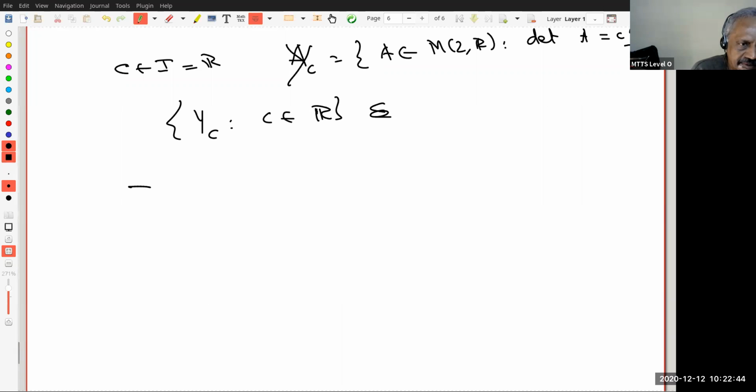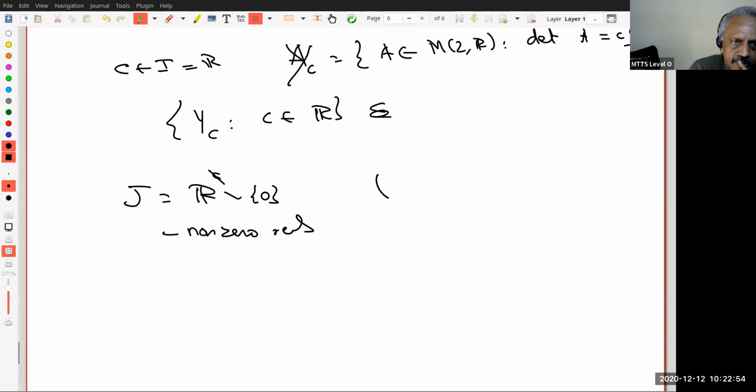Now let me take J equal to R minus the singleton 0. That is all non-zero reals. So what is the union of Y_C, C in J? Start with a matrix A in M2(R).